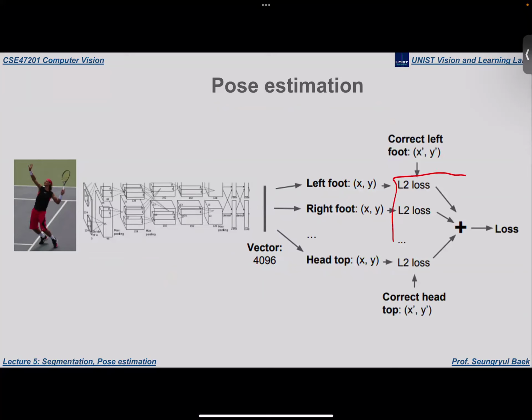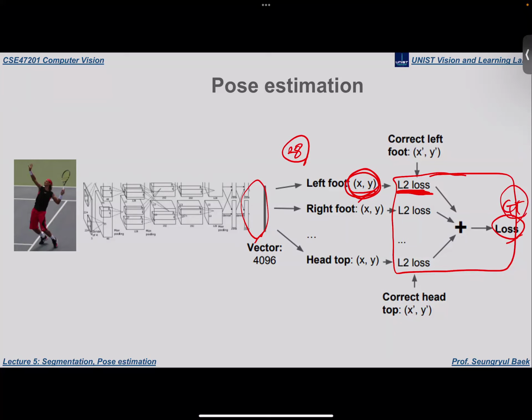There could be a lot of loss functions for achieving this, but normally what we do is, this network will output 28 floating values describing the XY coordinates of the 14 key points, and we can apply the L2 loss between this output and our ground truth.